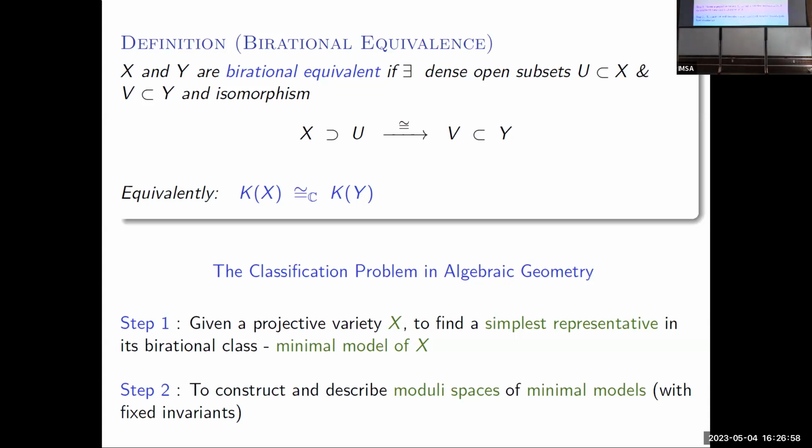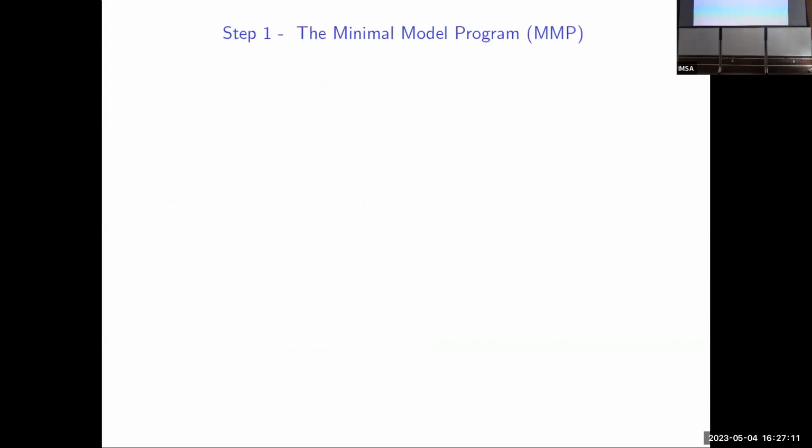Even though I have to say that K-stability is also related to step 2, today we are going to be more concerned with the first step, finding the simplest representative in the birational class. This is what is called the minimal model program.